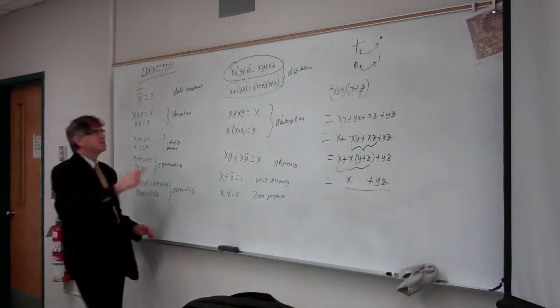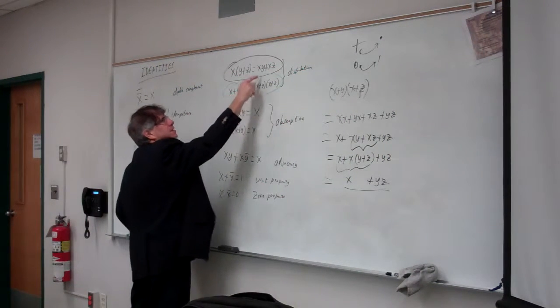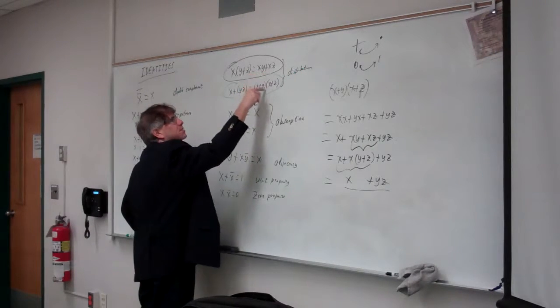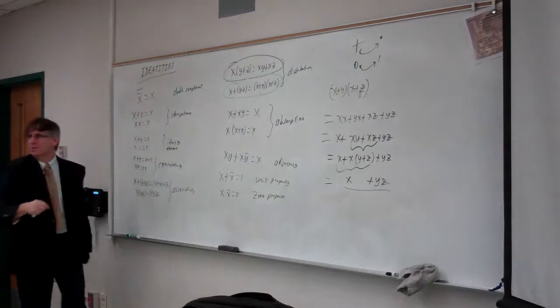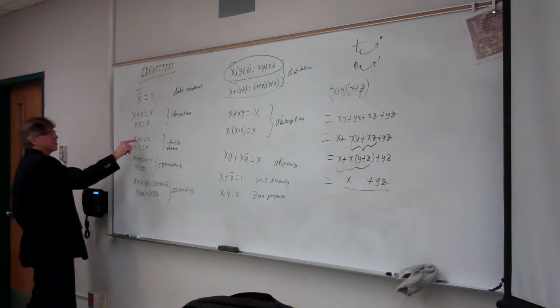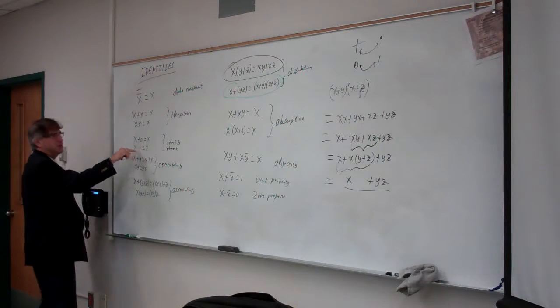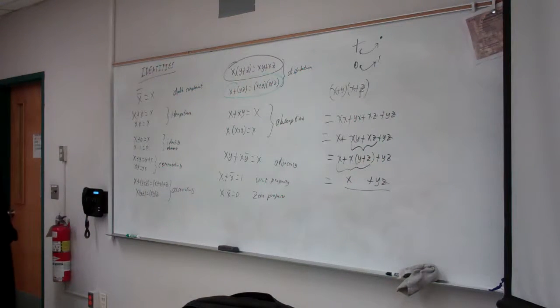For example, I changed this and to an or, I changed this or to an and, I changed those ands to ors, I changed this or to an and, and I got a parallel identity, a dual identity. Here we changed our or to an and and our 0 to a 1, and we got another identity. And in general, this always works.